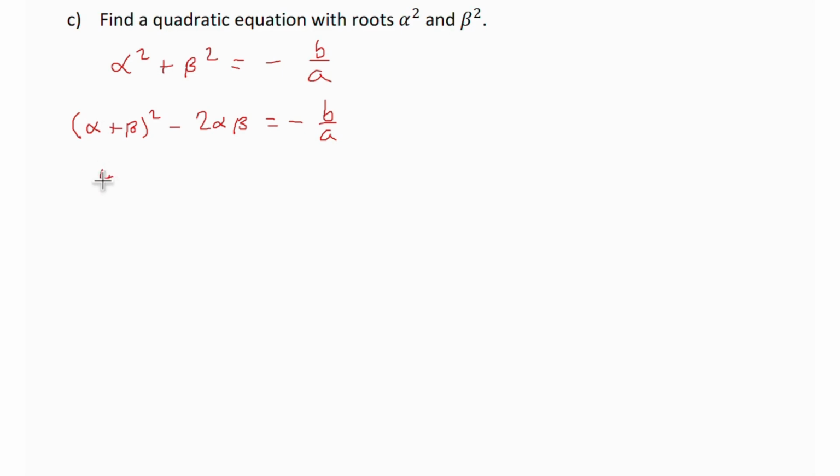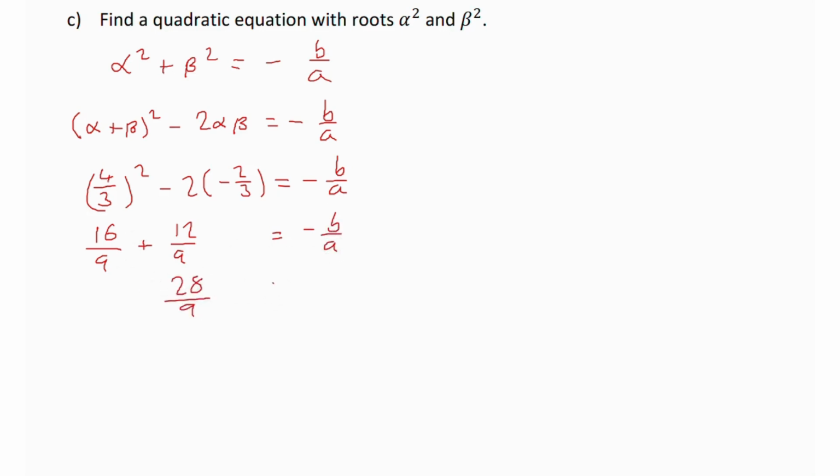Alpha plus beta is 4/3, so this is 4/3 squared minus 2 lots of minus 2/3. Simplifying, we get 16/9 plus 4/3, which I'm going to change to 12/9, which means we have 28/9 is equal to minus b/a.